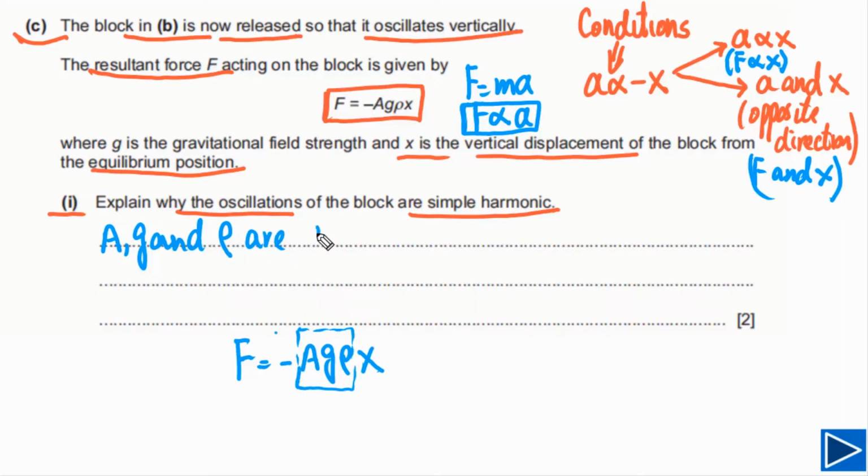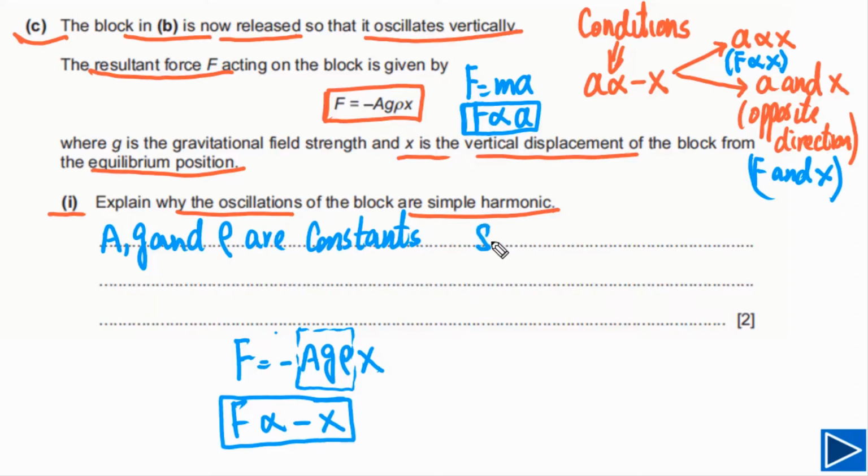As these are constants, then we can say F is directly proportional to negative x. And this is condition for simple harmonic motion. F is directly proportional to x, but F and x, they are in opposite directions. If you write down this one, you will get 1 mark.